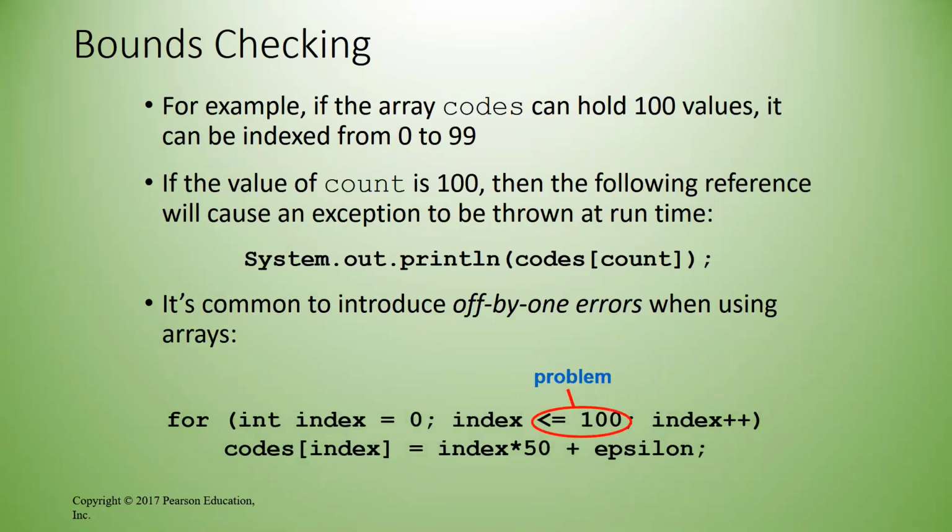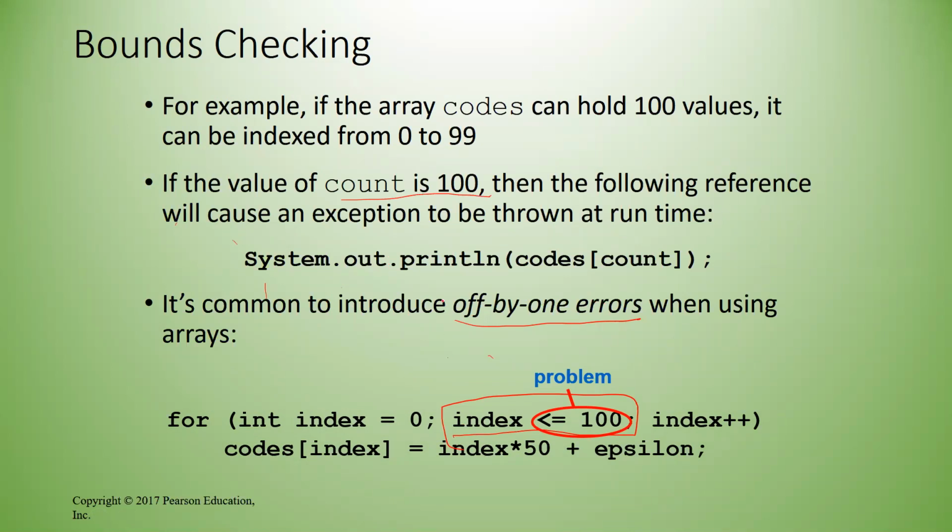We discussed that, right? If the value of count is 100 and this array has 100 elements, then this will be wrong. This is called an off by 1 error. That means it's not a big error, it's just one off. However, it crashes your program.